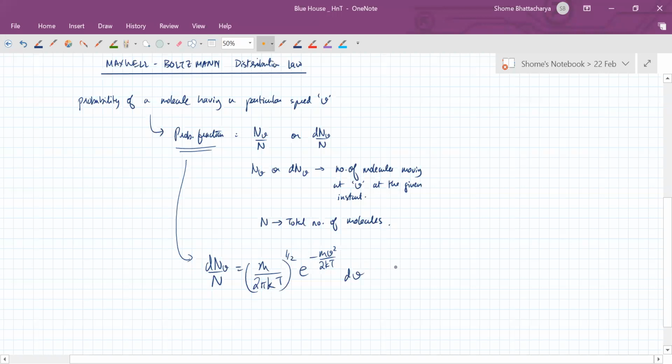I'll explain what this formula basically means here.